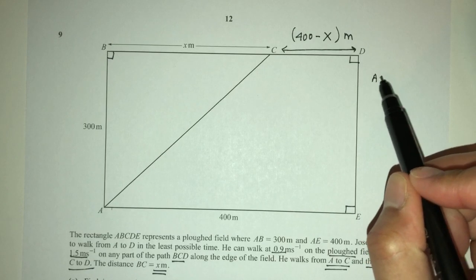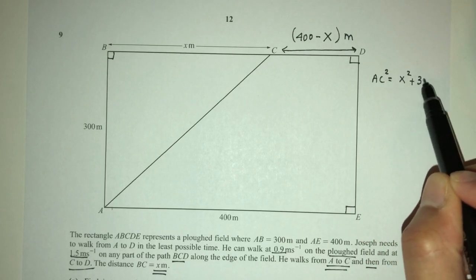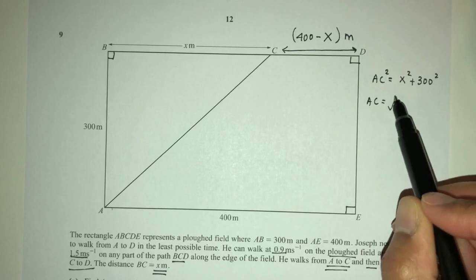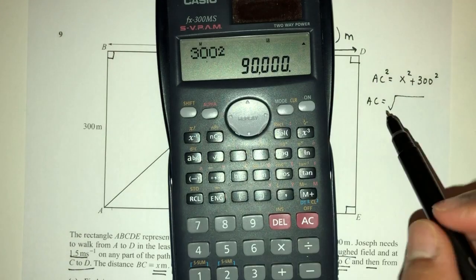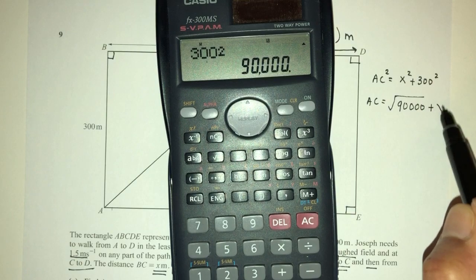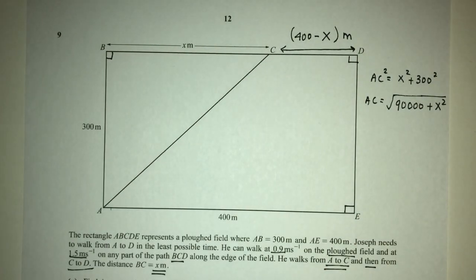AC square will be x square plus 300 square. What is 300 square? That will be 90,000 plus x square. That is the length of AC. Okay, so that is something good to know.